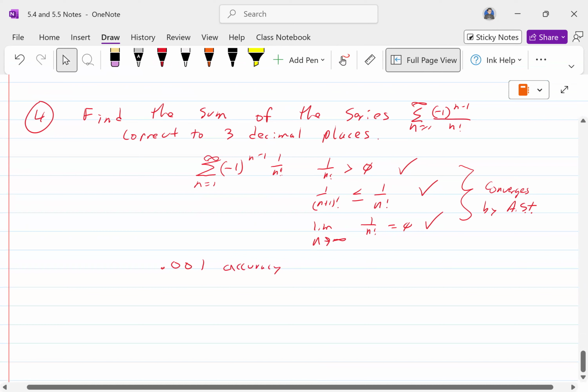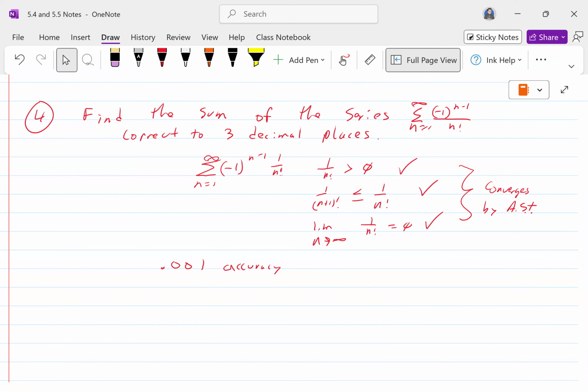Well, what I can do is look at the terms, and when I get to terms that don't fluctuate within 3 decimal places, then I can stop and back out.